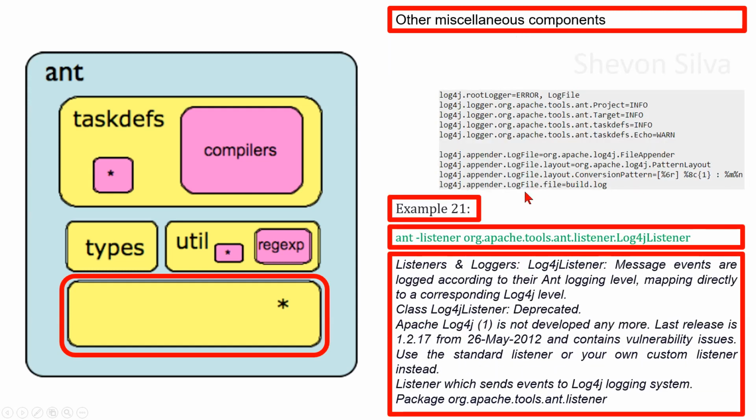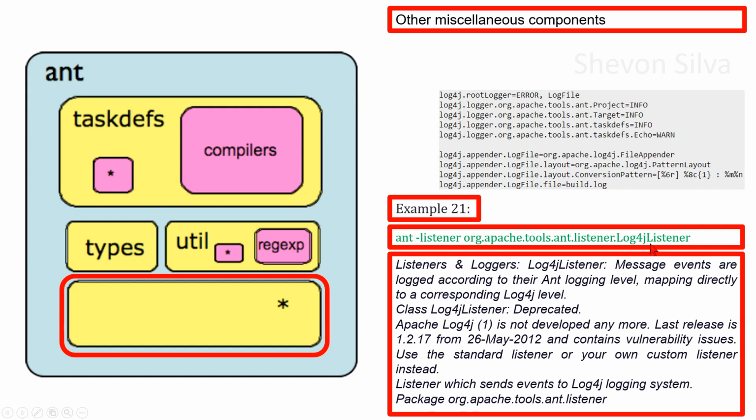Now we are considering log4j listener in listeners and loggers. Message events are logged according to their logging level, mapping directly to the corresponding log4j level. The class log4j listener is deprecated.